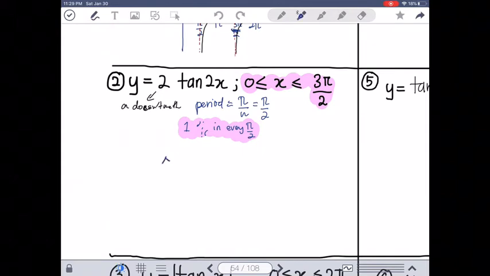As usual, I will just draw 0 until 2 pi.